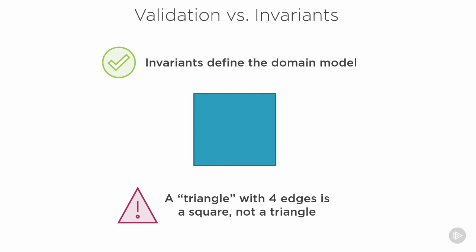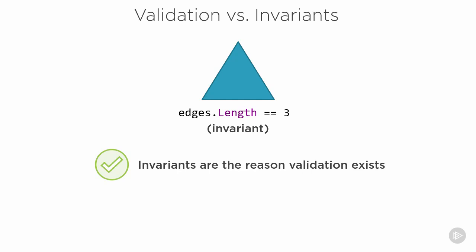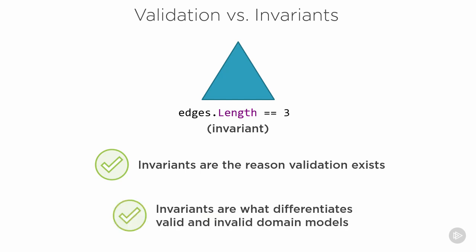The presence of invariants leads to the need for validation. In fact, the only reason why we need validation is to make sure that all invariants of our domain model are intact. Invariants are the differentiating factor between valid and invalid domain model. They are what dictates our validation rules.